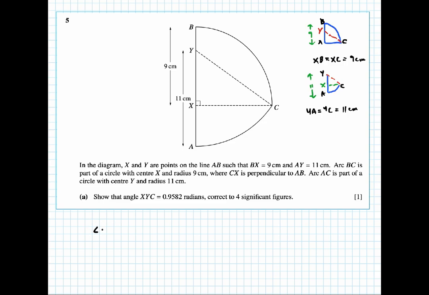So it's a little trigonometric sine calculation, because, just draw it here, you have 11 there on the hypotenuse and 9 on the opposite. So of course inverse of sine is 9 over 11, which is 0.9582. That's correct.